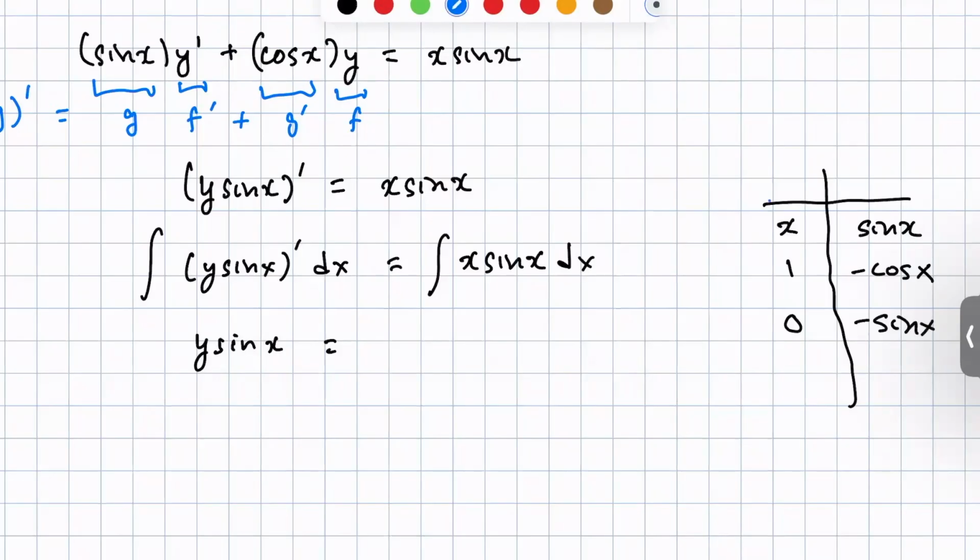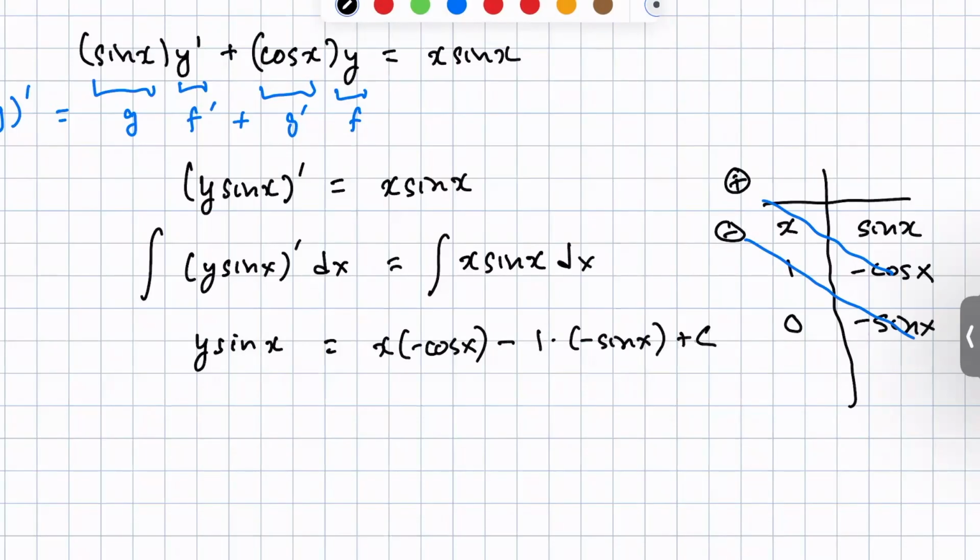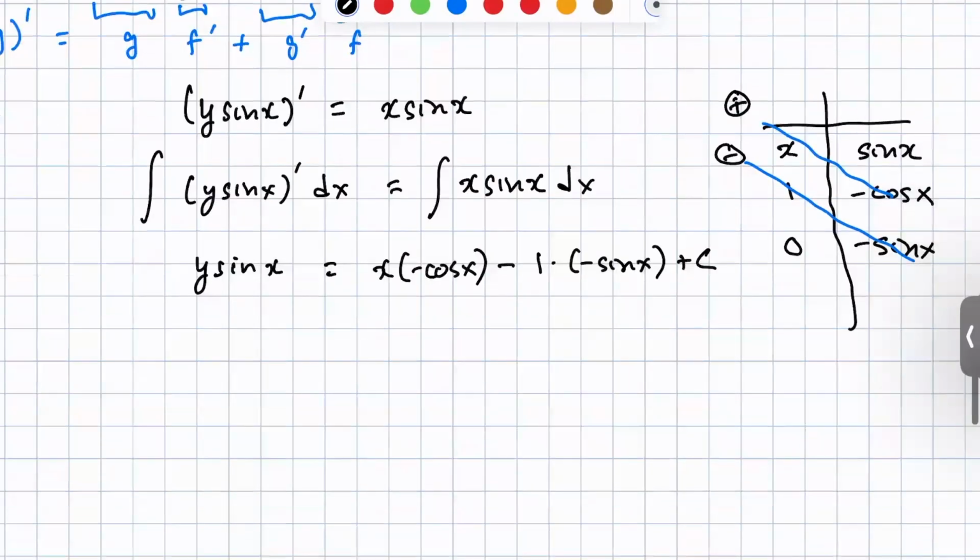And then you look at these diagonals, and you have a plus here and you have a minus here. So the first term is x times minus cosine of x. And then you have a minus, because of this minus, 1 times minus sine x, plus c. Now that's a quick way of doing integration by parts.